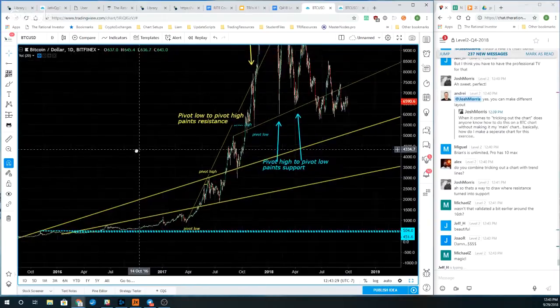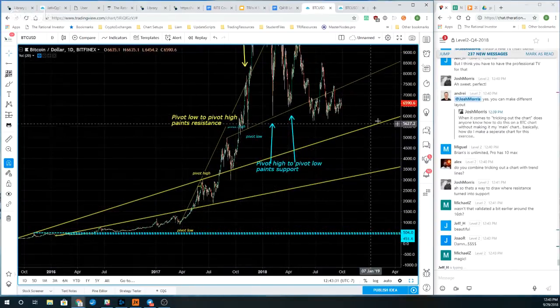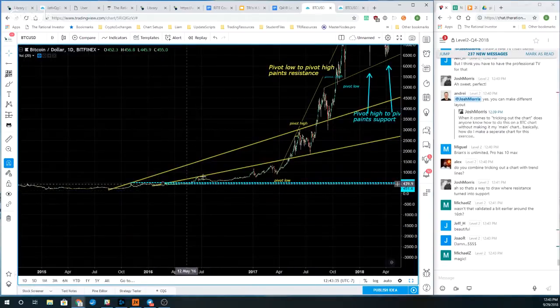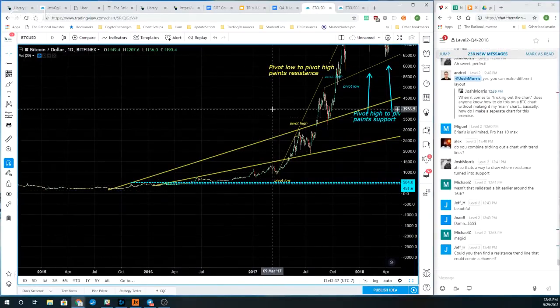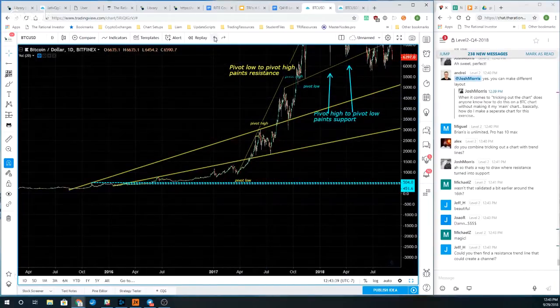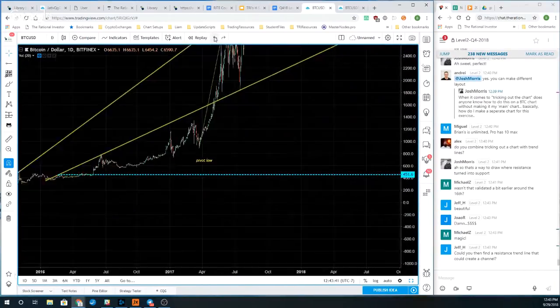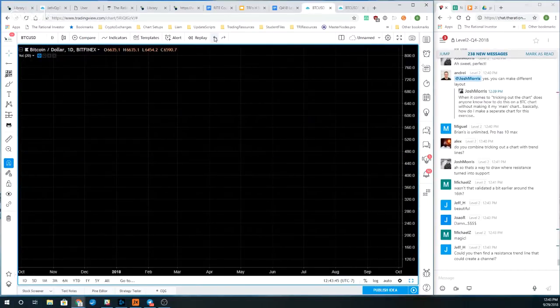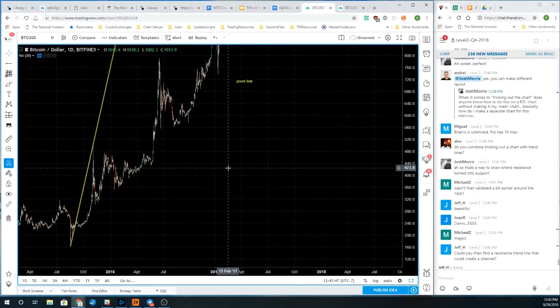And I might even argue that this is a perfectly valid support line now going forward, as well as this one. Now, I did these for the slideshow purposes. I just did these two smaller ones. Jesus, what a mess.